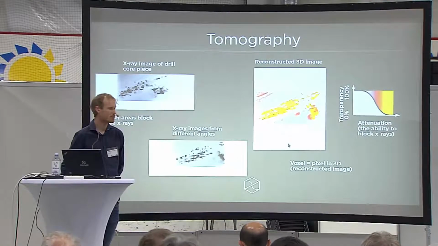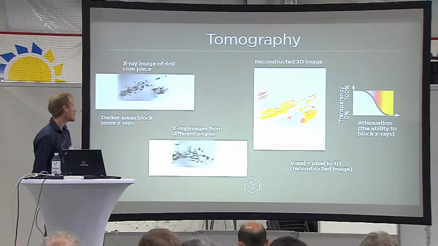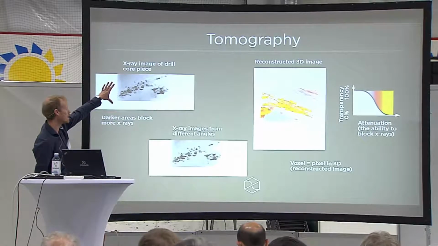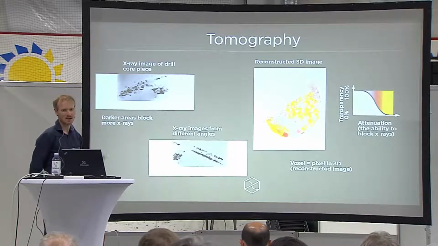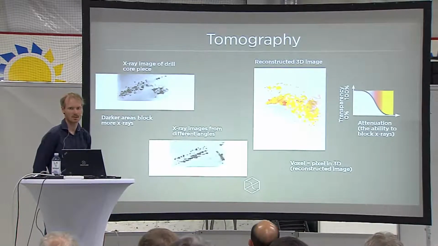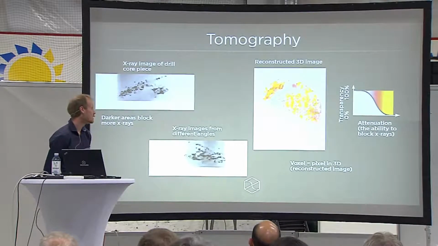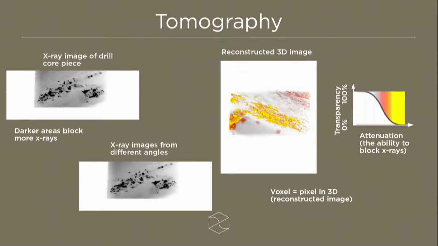So I will start off by explaining a bit about tomography. Up here you see an X-ray image of a drill core, in analogy to the medical X-ray image that you're familiar with. In this image, the darker areas block more X-rays.